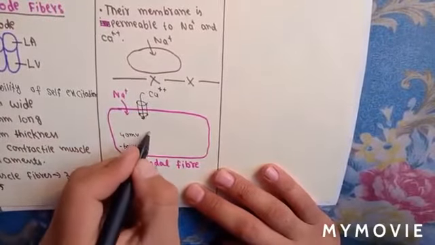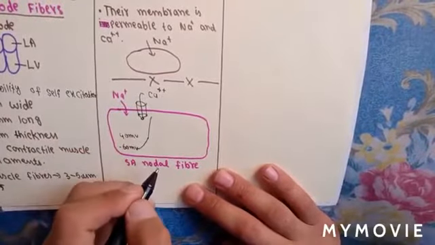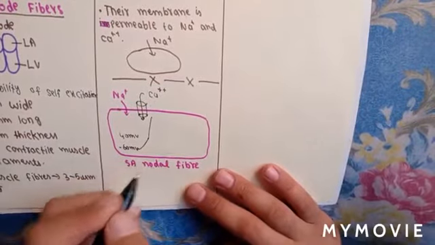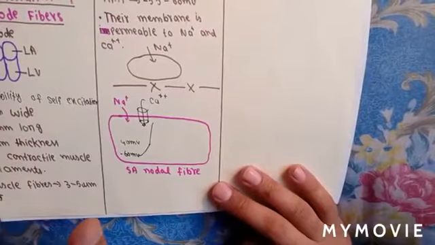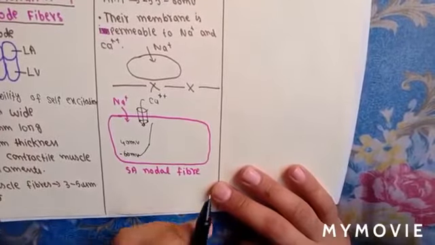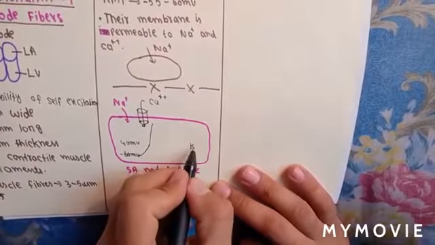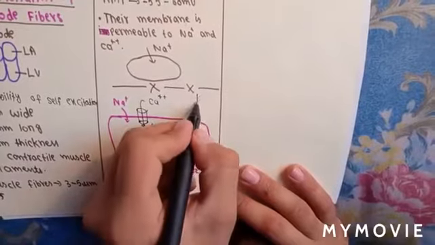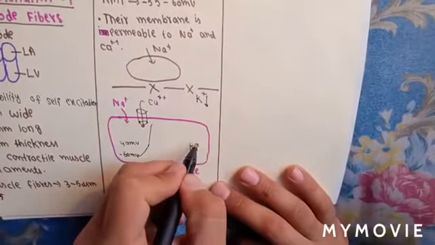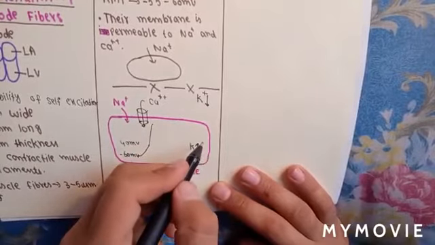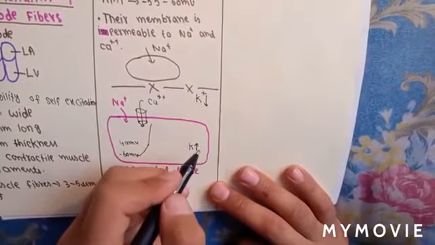As a result, the potential rises upward and becomes a bit positive. After this, calcium gates close and potassium gates open. Note that the concentration of potassium ion inside the cell is high, but outside the cell it is low.